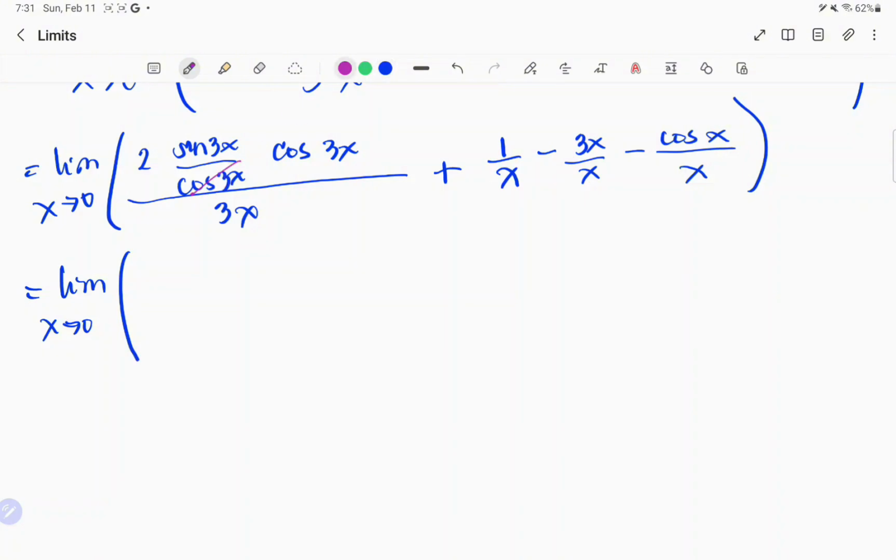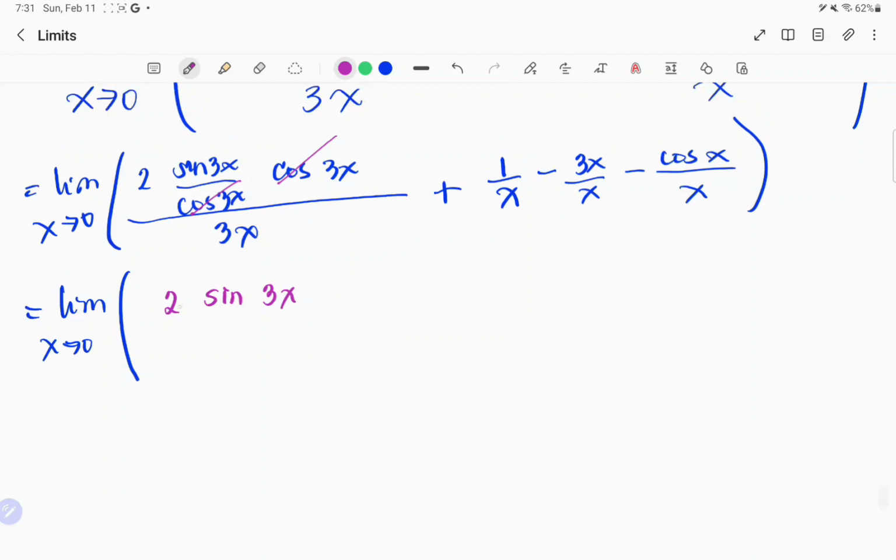I can cancel this out by division. It will become 1. So we have 2 sine of 3x times 1, multiplying this by 1 is the same as this 2 sine 3x, so I am not going to write it anymore, over 3x.